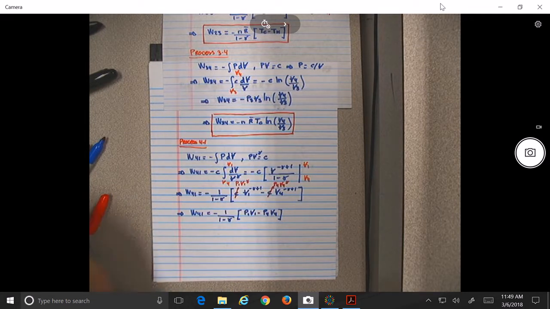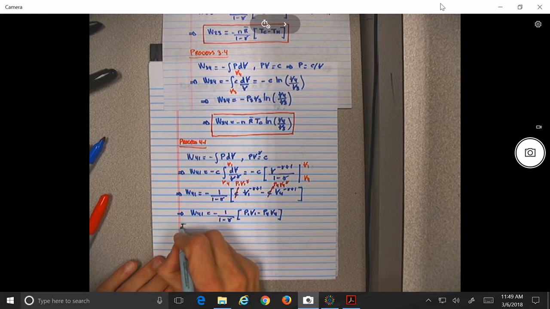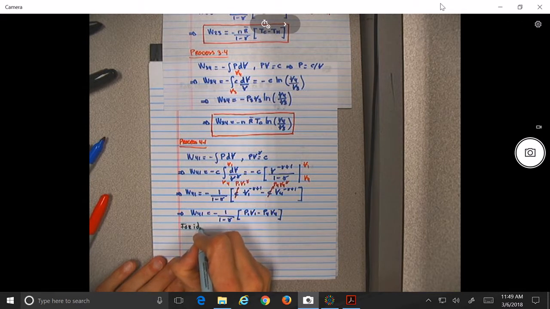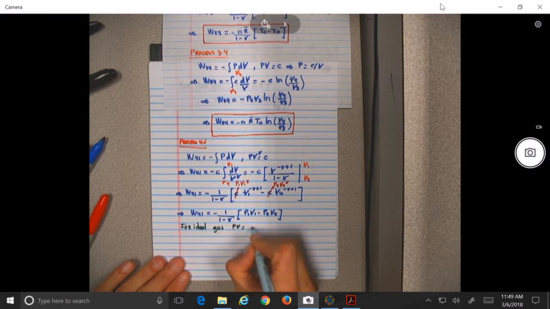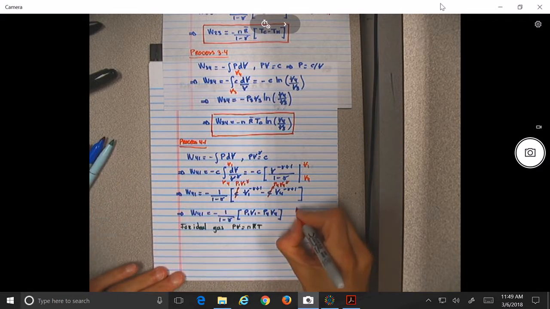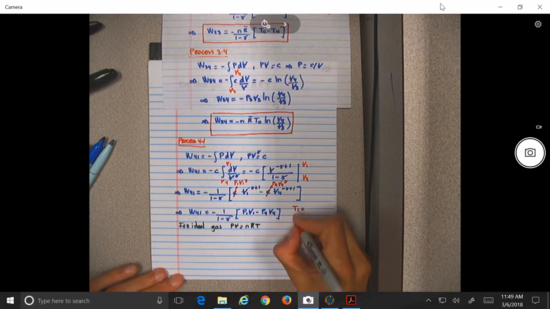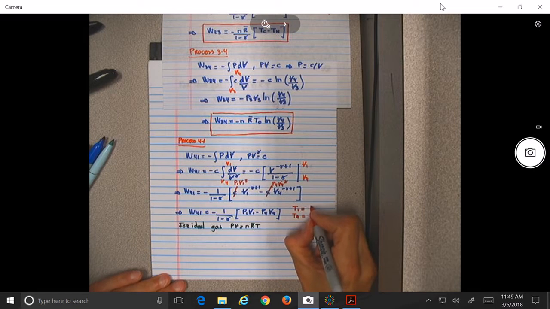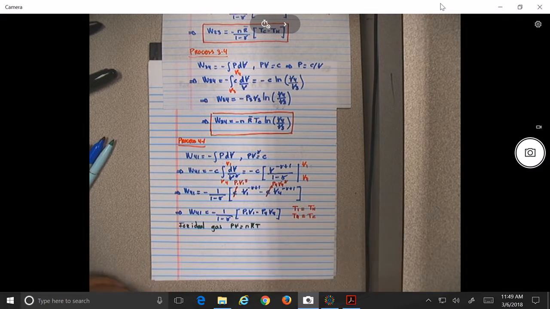So again, here for an ideal gas, PV equals N R bar T. So we know that T1 is T hot and T4 is T cold.